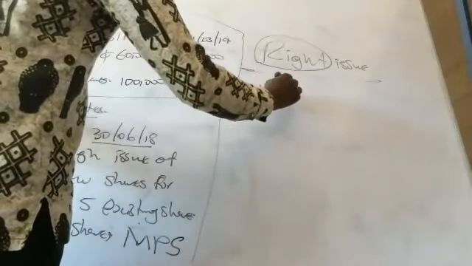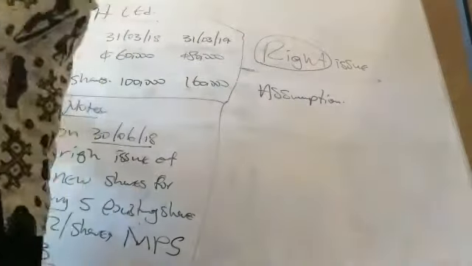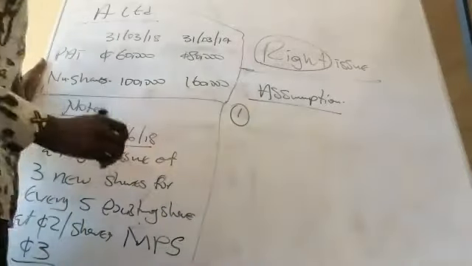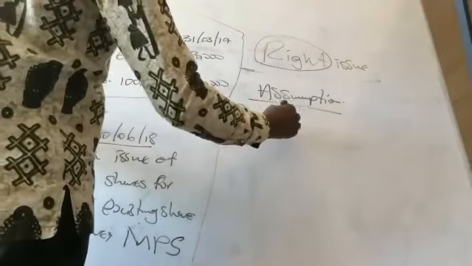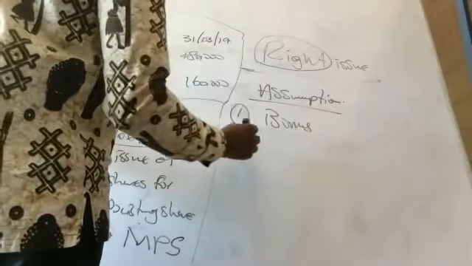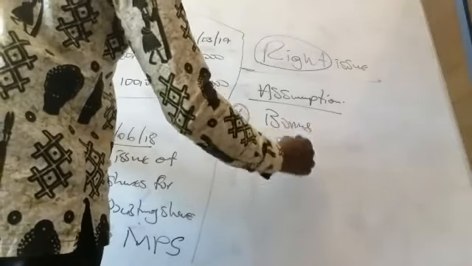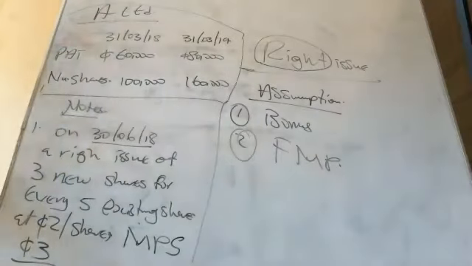We are going to assume that one, some of the shares came in for free, so there's a bonus element, and two, there's the full market price element. That makes right issue a bit complex.